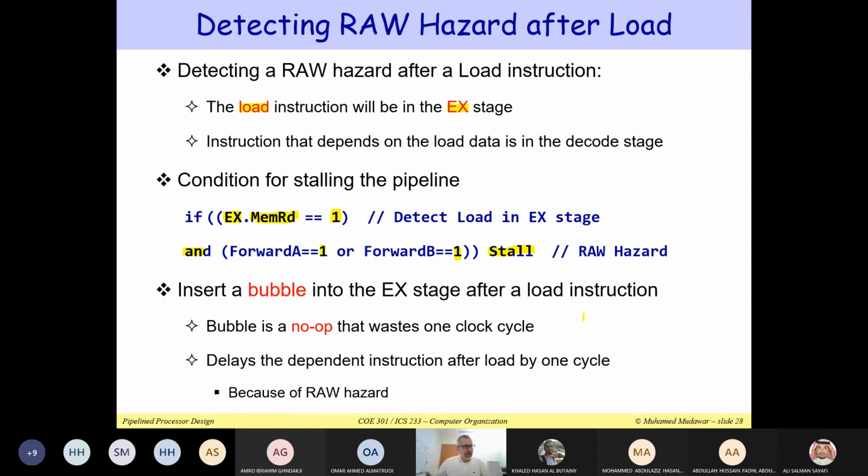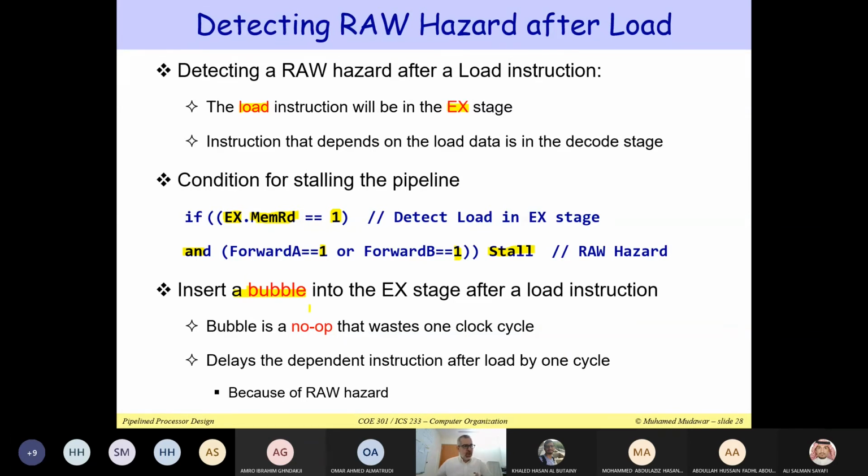The load, which is in the execute stage, is allowed to proceed into the fourth stage, where it is going to read from the data memory. But the instruction which is in the second stage cannot proceed into the execute stage. It has to wait, because we are stalling the pipeline. So we are going to insert a bubble.